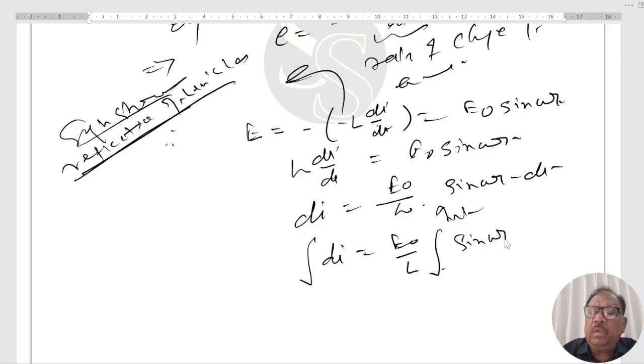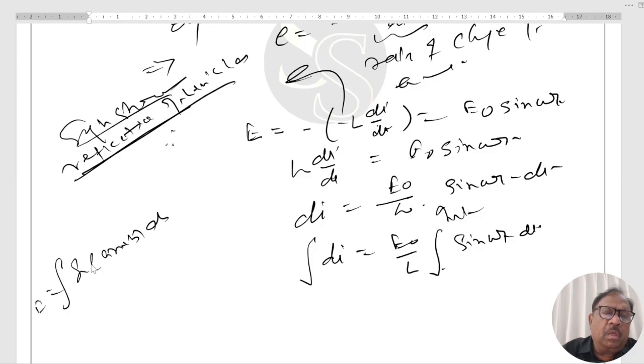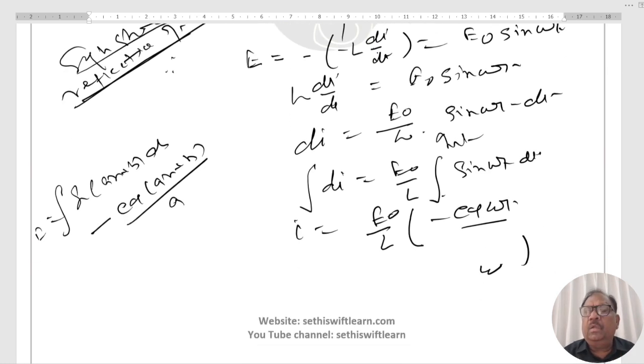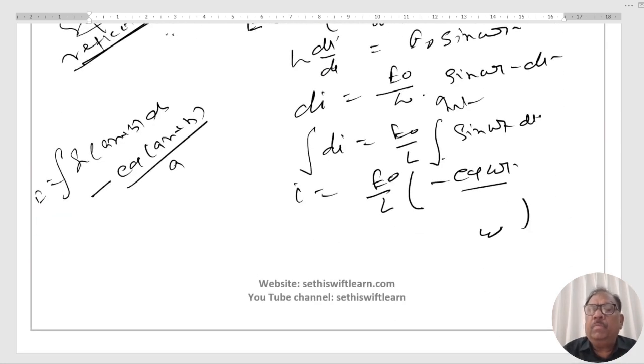Integration of sine of ax plus b equals minus cos of ax plus b divided by the coefficient of x, that is a. So I will be equal to E naught by L times minus cos omega t upon omega. On further simplification, I equals E naught upon omega L with a minus sign, cos of omega t.